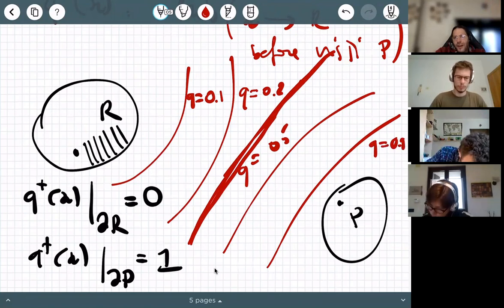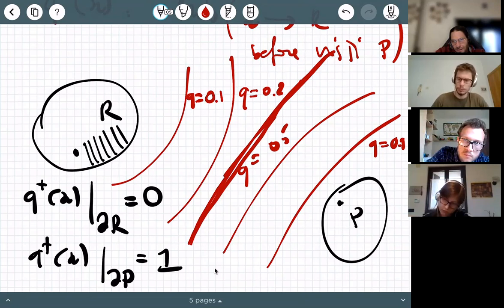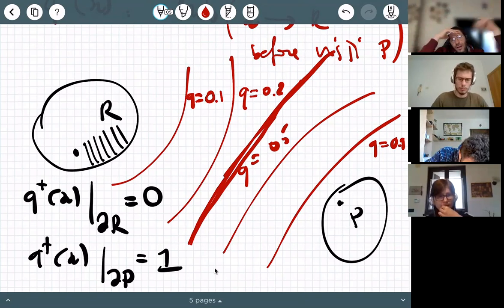It is always taking values between 0 and 1 everywhere in configuration space, even in regions that are likely not to be visited at equilibrium, on top of some crazy mountain, because if you start a trajectory from there, you will have a certain probability to end up in the reactant or in the product. The distribution is driven by the fact that you're subject to stochastic fluctuations. Okay? Making sense?